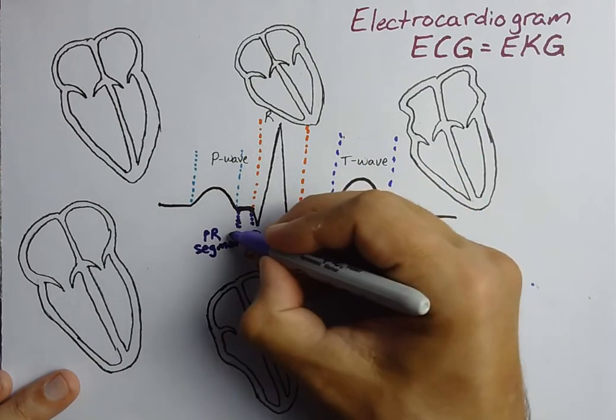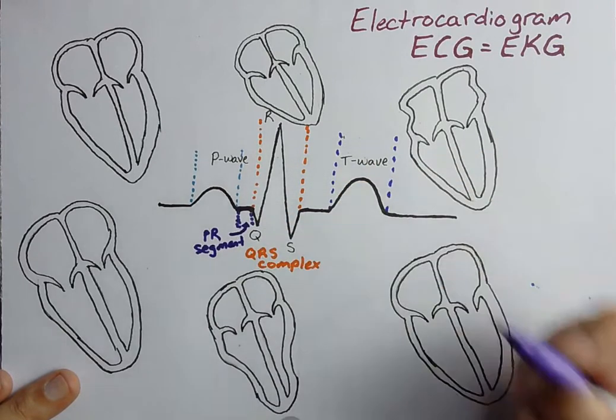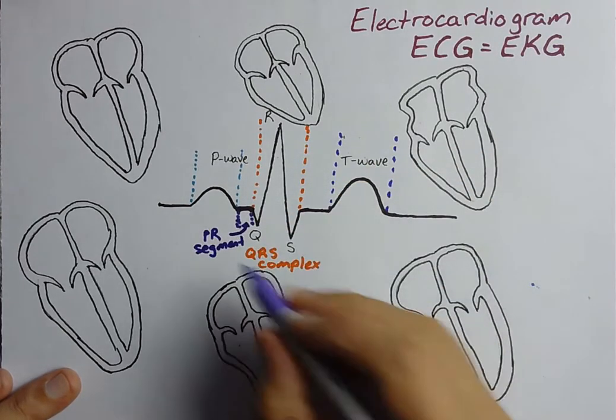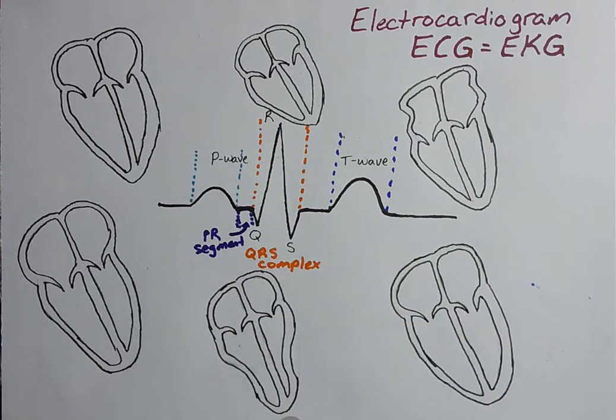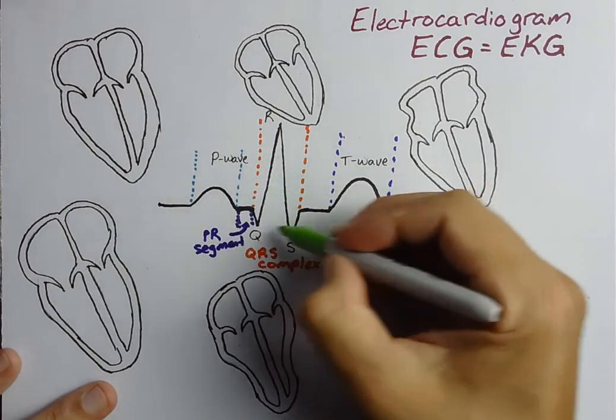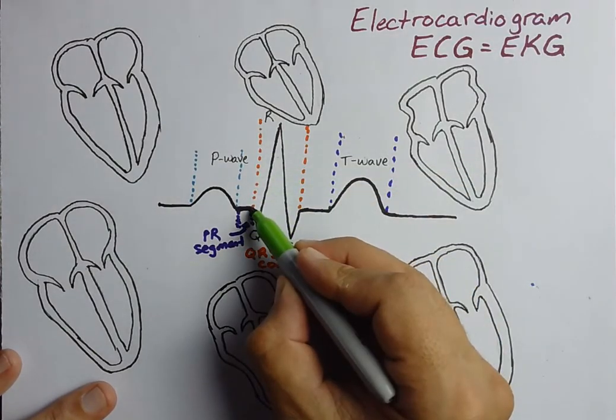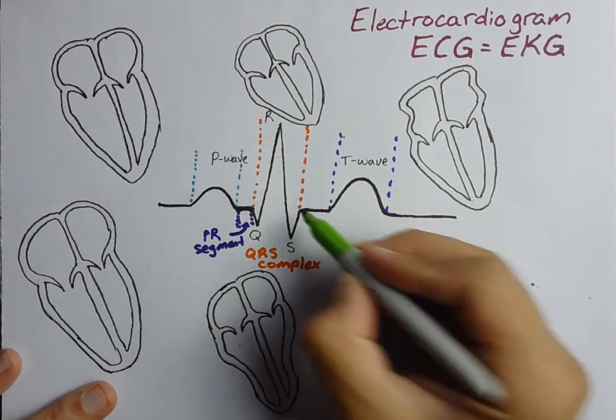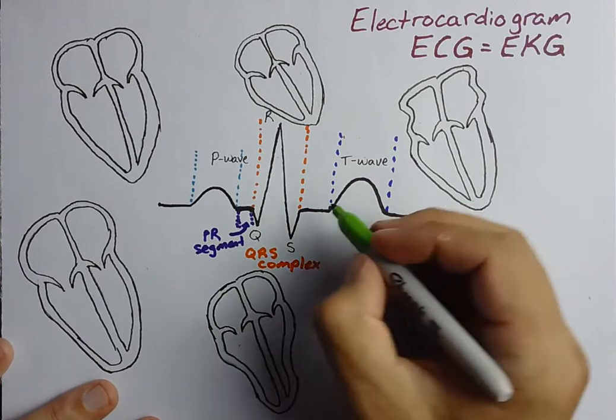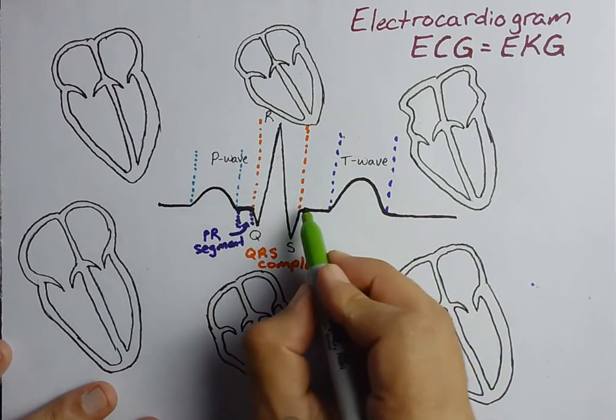Just going to keep our coloration the same and draw some arrows in. That's the PR segment. The next portion that's been drawn in already is the QRS complex, which ranges from the end of the PR segment to the end of the S. So what other portion of the curve have we not identified yet?